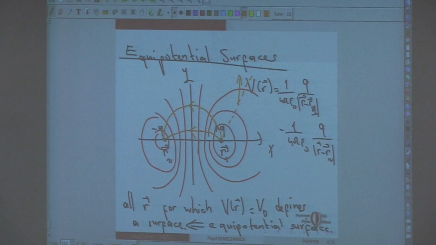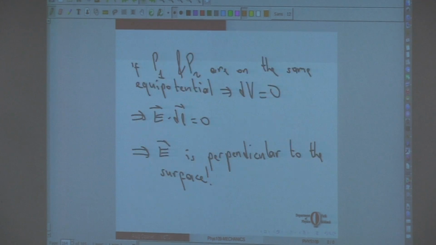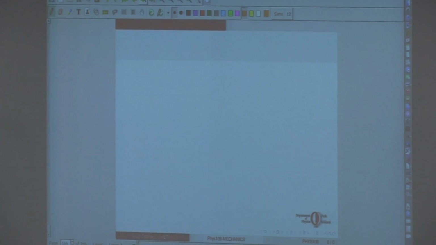The infinite plane example. So we had already discussed this infinite plane which carries some uniform charge density, let's say positively charged. We already know the electric fields. What do the electric fields look like?